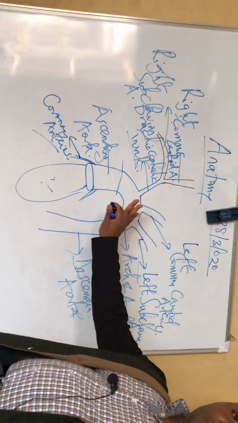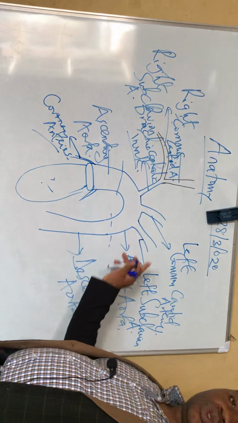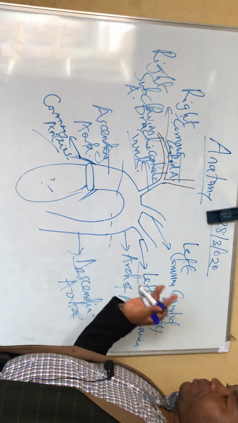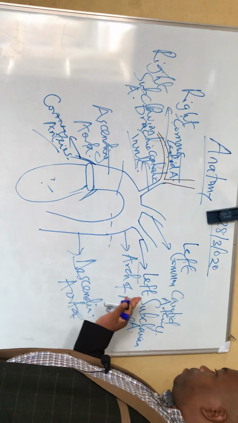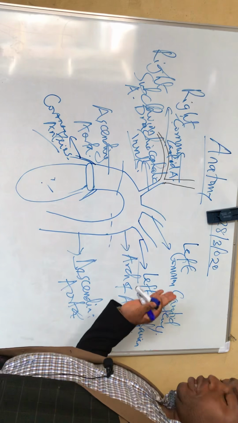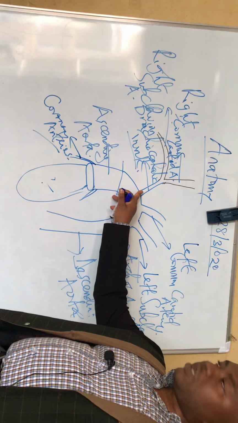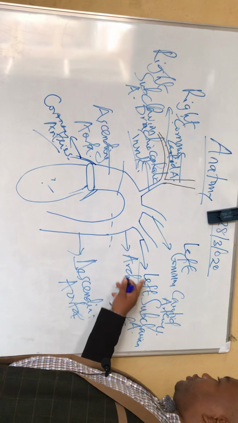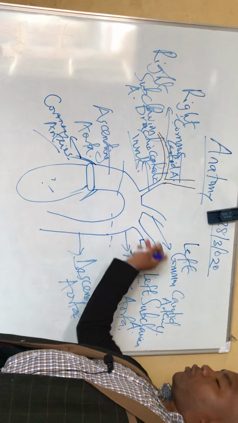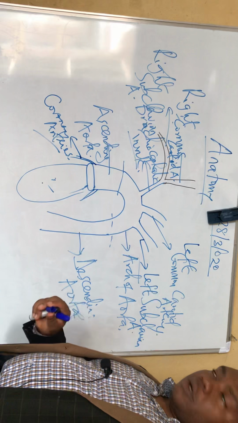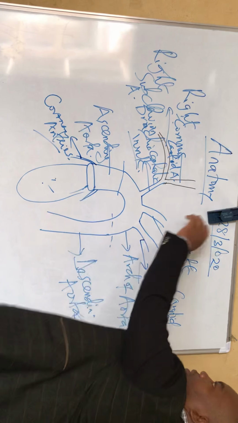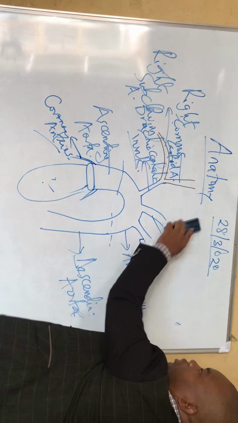So this is the origin of the two subclavian arteries that primarily supply the pectoral girdle and the upper limb. The right subclavian comes from the brachiocephalic trunk, while the left subclavian comes from the arch of aorta itself.